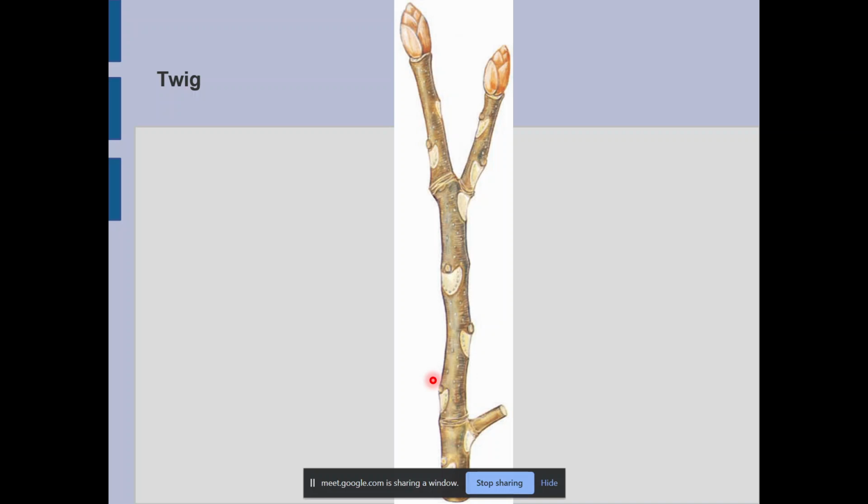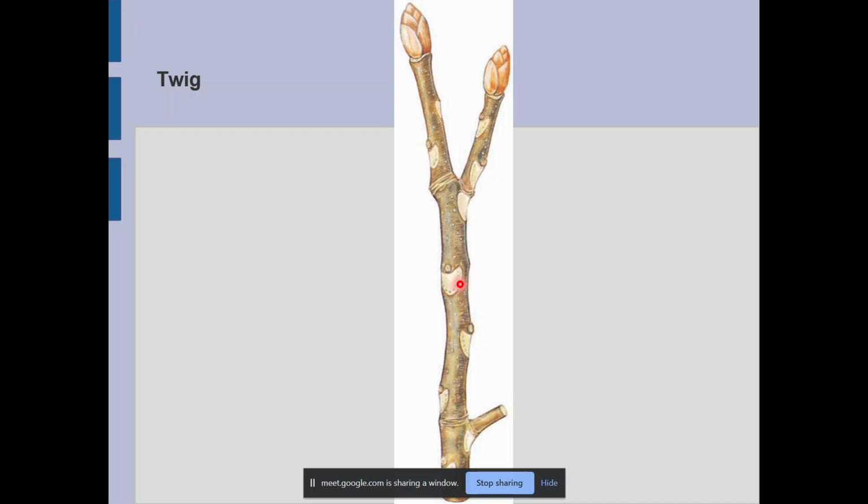The area on the stem where each leaf is attached is called a node. So these are nodes here, and the region between two successive nodes is called an internode.